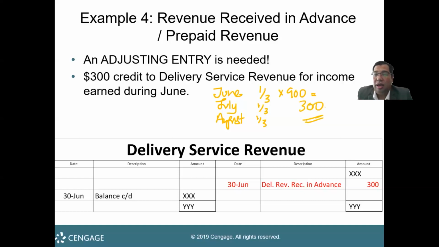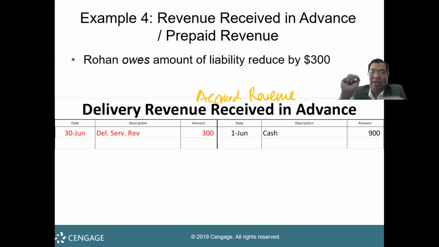For every month, our liability will reduce by 300, 300, 300, and for every month, our revenue will increase by 300, 300, and 300. Very good. So to increase the revenue, we need to credit our revenue accounts, whereas to reduce our liability, we should debit our liability accounts.